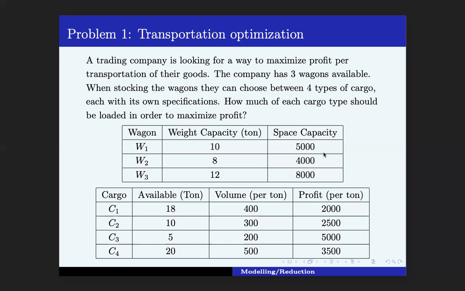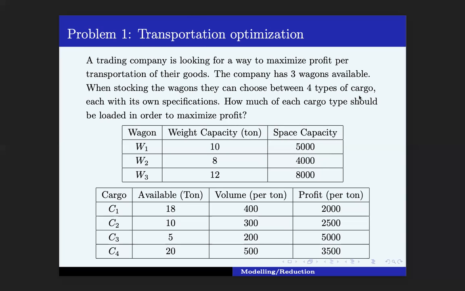Think of these cargoes as, say, iron ore and coal and whatever stuff, so you can split it up into small tons. Oh, so these cargoes are the materials that are to be finally loaded into our wagons. Exactly. Sir, then C4 will not be loaded in any of the wagons, right?